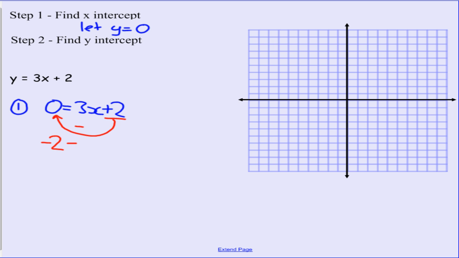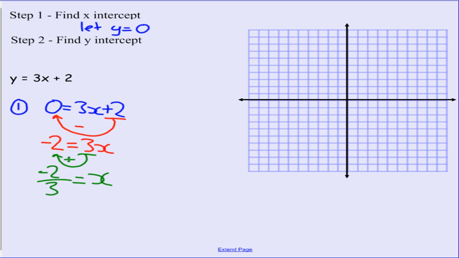So we have minus 2 equals 3x. Then we have a 3 attached to our x, and we need to move that away, and it's been multiplied, so the opposite will be divide by 3, which will give us, in the end, negative 2 divided by 3 equals x.